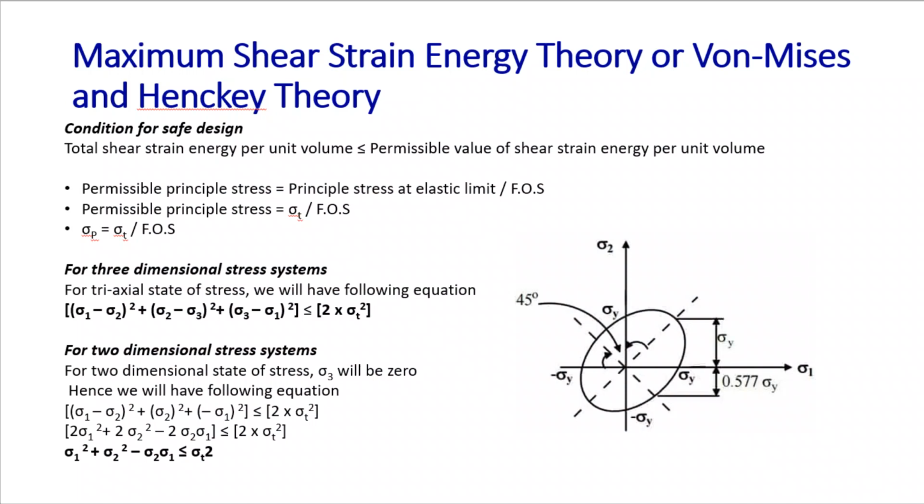So for a three-dimensional stress system, what will be the equation? Sigma 1 minus sigma 2 whole square plus sigma 2 minus sigma 3 whole square plus sigma 3 minus sigma 1 whole square should be less than or equal to 2 into sigma t whole square. For a 2D system, sigma 3 will be 0.